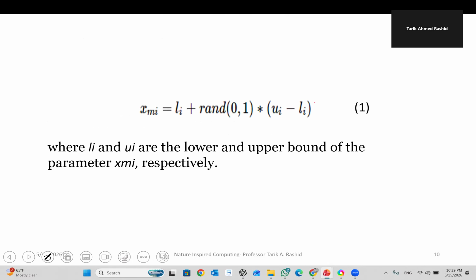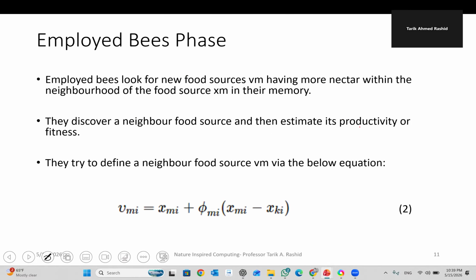Equation 1 gives the initialization of the population, with a lower bound and upper bound for each dimension. And here the employed bees try to find a neighbor food source, which is VM, and this is random.